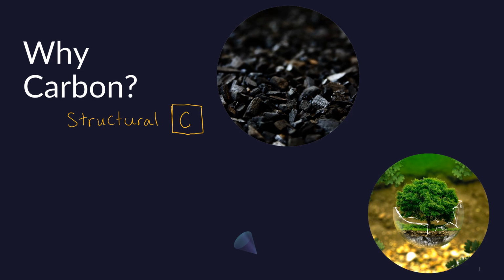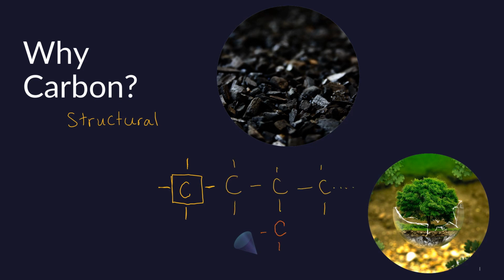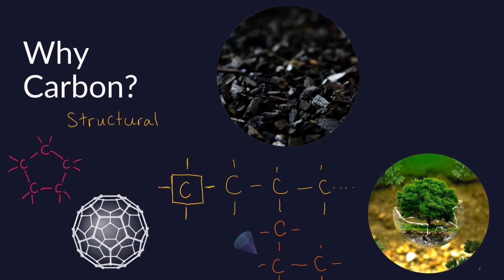Well, first of all, carbon atoms are relatively unique because they can form up to 4 covalent bonds, which allows molecules that contain carbon to form all sorts of incredible shapes and configurations, such as straight chains, branches, rings, balls and tubes, and even coils.